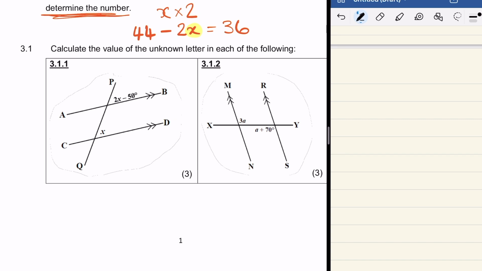The F refers to corresponding angles, and the way you can trace out the F in this case is like that, and the angles would be sitting there. So that's your F. So the F is upside down.